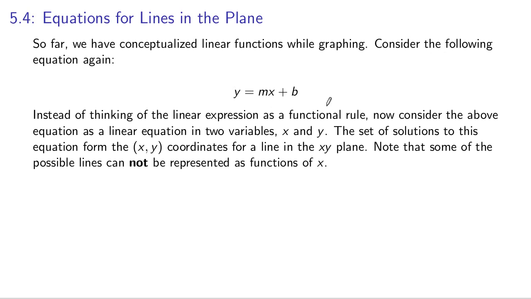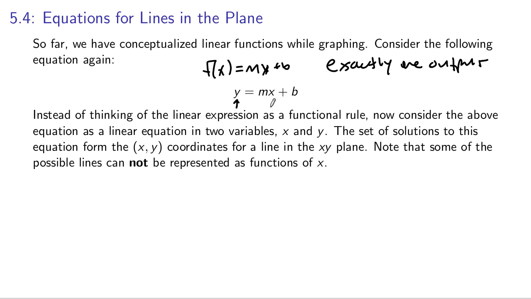So instead of thinking f of x is mx plus b, and remember a function has to have exactly one output, think of this as an equation in two variables, y and x.